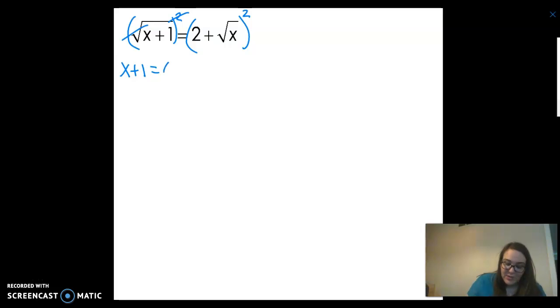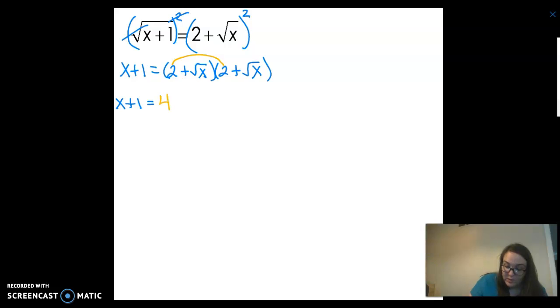So I'm going to write 2 plus the square root of x times 2 plus the square root of x. Now I'm going to try to color code this. On the left, I'm going to keep that x plus 1. On the right, I am going to distribute. 2 times 2 is 4.